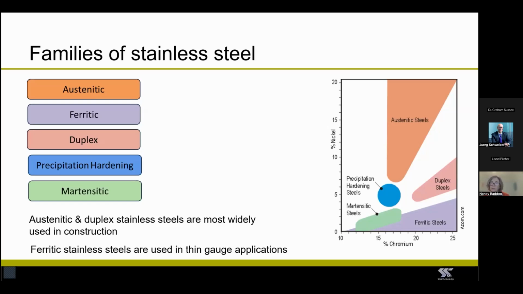They tend to be used for high duty engineering components, sometimes for fasteners, but usually in aeronautical and space industries. And finishing up with the martensitic stainless steels, they are less corrosion resistant than the austenitics. They're hardened by heat treatment, and they are the stainless steels that your kitchen knives tend to be made from.